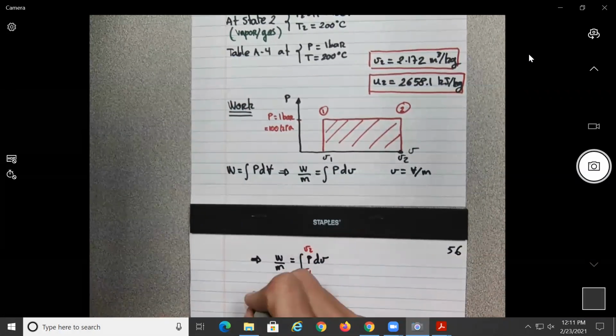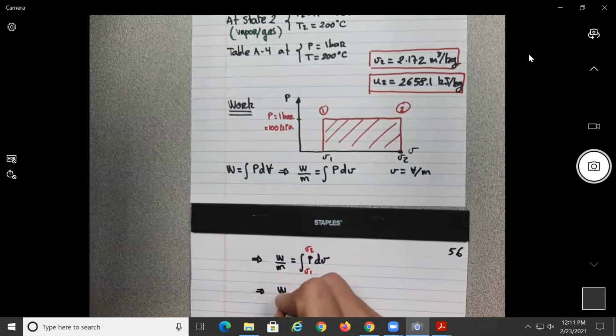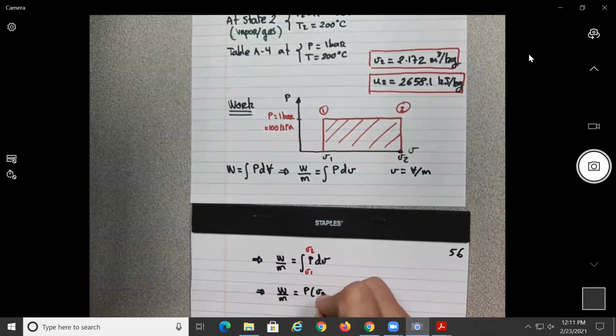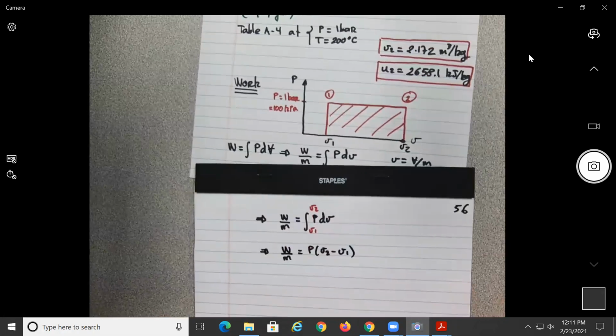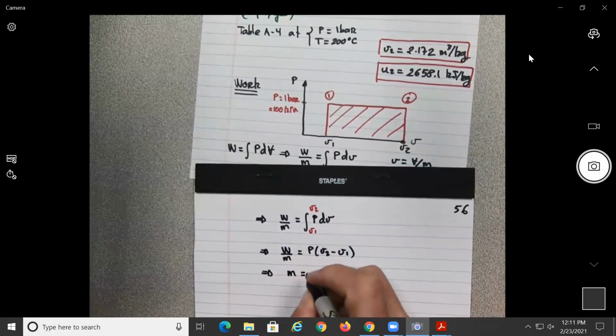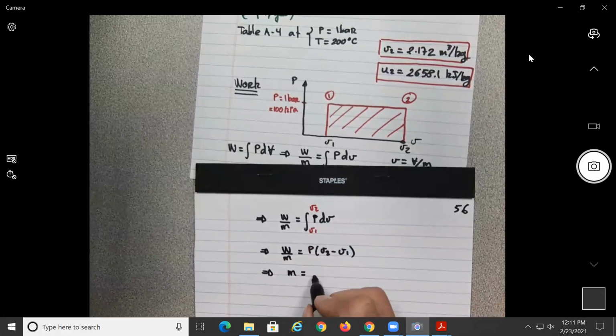So basically we're going to have work over mass equal to P times (V2 minus V1). So from this equation now we can solve for the mass. The mass will be equal to the work divided by the pressure times (V2 minus V1).